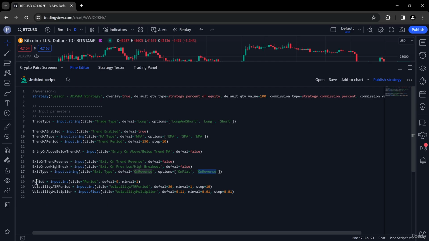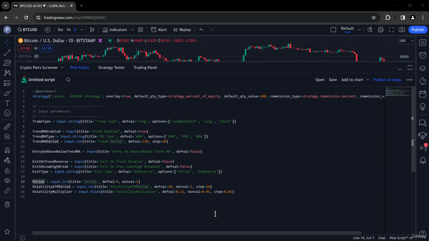So next, 3 parameters related to ADX VMA indicator. First we specify the period for ADX VMA, then we specify volatility related parameters, volatility ATR period and volatility multiplier. So this is what we have in the input parameter section of our ADX VMA strategy.